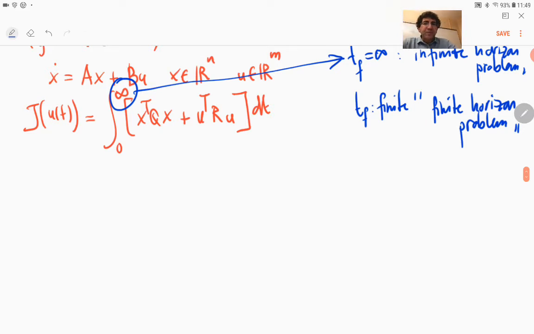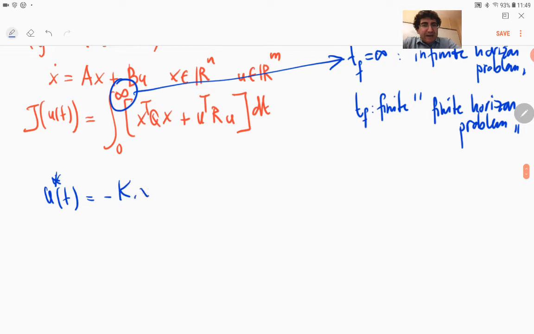Okay, so in this case, we have u star of t is equal to minus K times x, K now being a vector.